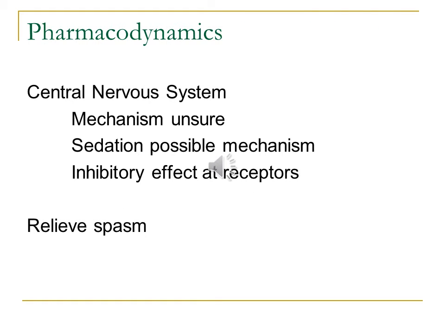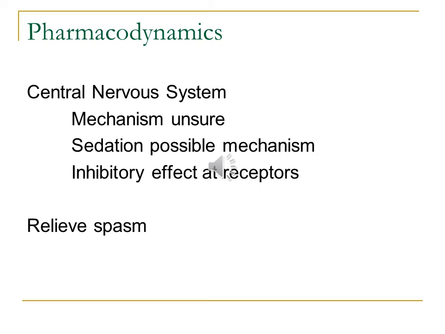The pharmacodynamics, so the effect of the drugs on the body. We know they work at the central nervous system. As far as the overall mechanism, there's not an exact thing that can be pointed out. The main things that we look at are, one, sedation, a general relaxation effect on the body, which would naturally cause the spasm to relax. They also think that there is an inhibitory effect at the receptors.